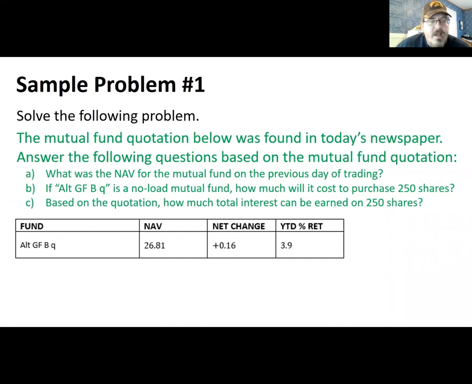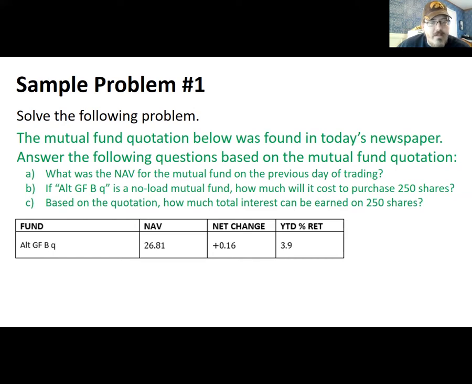All right, let's talk about how much it'll cost to purchase some shares of this mutual fund. First thing to note in Part B is this is what's referred to as a no-load mutual fund. What that means is that there's no commission being charged. You can have situations, depending on who you're working through and the type of fund, where they might charge you a commission to make purchases and sales of these kinds of funds. So it just kind of depends. If it's a no-load, there's no commission.